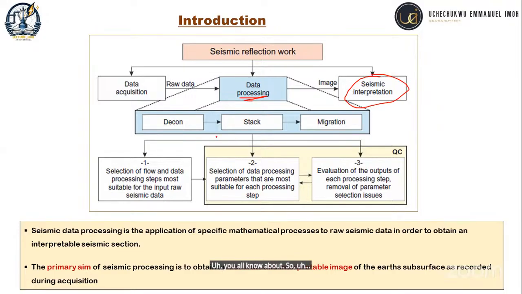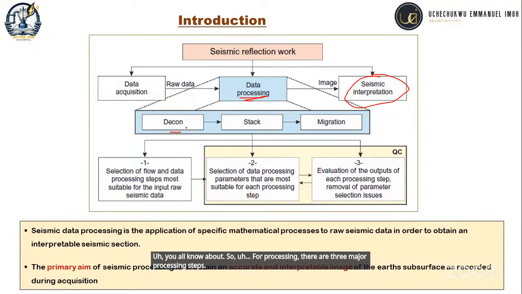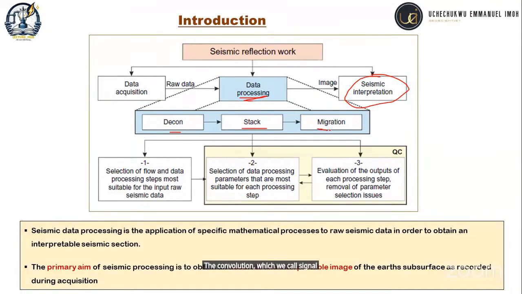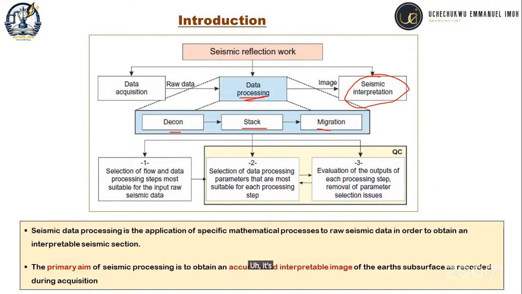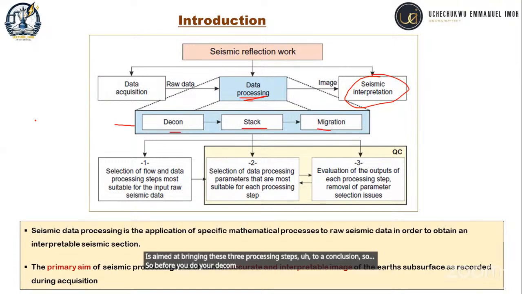For processing, there are three major processing steps: deconvolution, which we call signal analysis, stacking, and migration. These are the key processing steps. Every other thing is aimed at bringing these three processing steps to a conclusion. Before you do your deconvolution, there are a lot of other processes which can be called pre-processing steps.